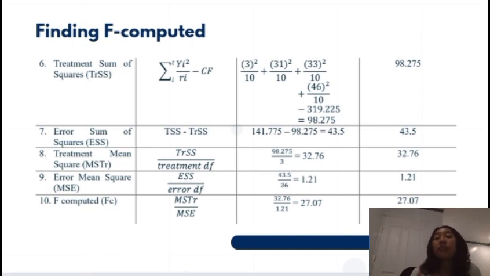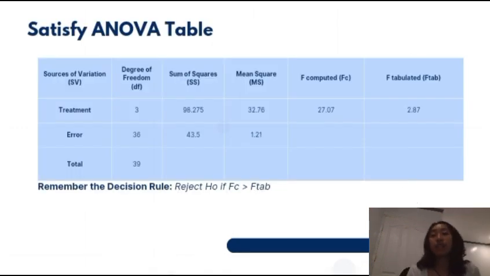So, since meron na tayong MSTR and MSE, and those are the parameters needed to compute the F computed or the FC, we're just gonna divide MSTR and MSE. So 32.76, which is this MSTR, divided by MSE, which is 1.21, is equals to 27.07. And then, let's satisfy the ANOVA table.